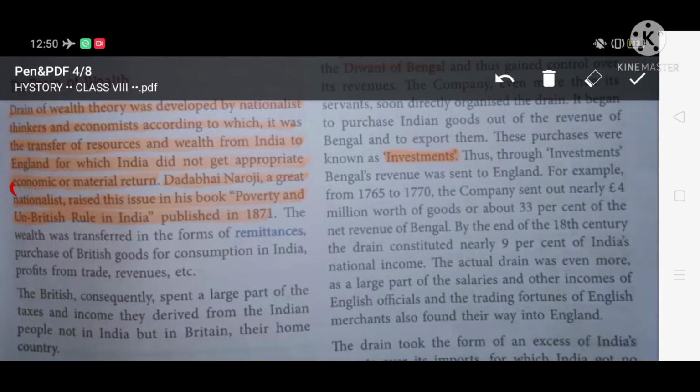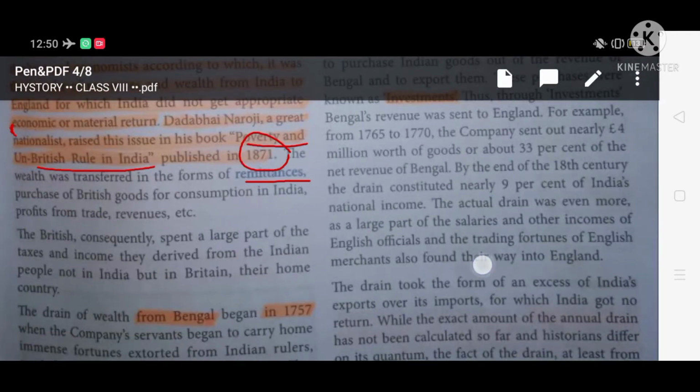Dadabhai Naoroji, a Grand Old nationalist, wrote Poverty and Un-British Rule in India and published it in 1871. The wealth was transferred from India to England in the form of remittances, purchase of British goods for consuming in India, profit from trade, and revenue.